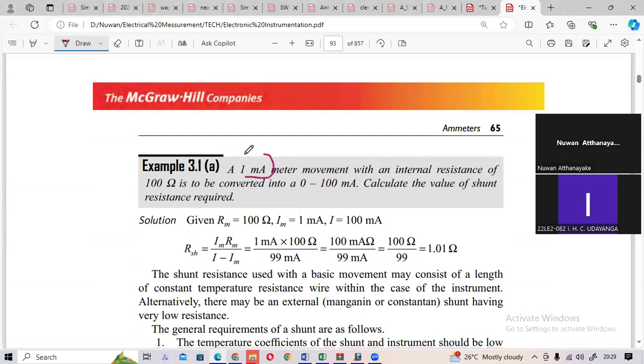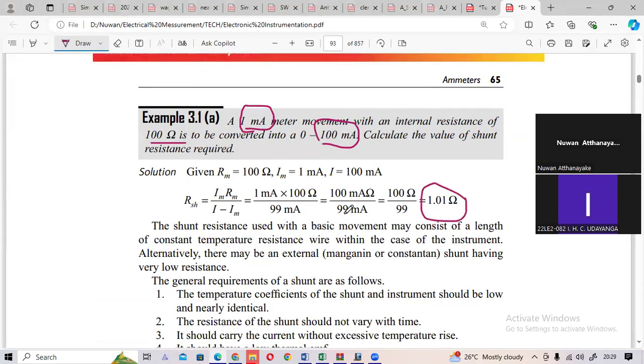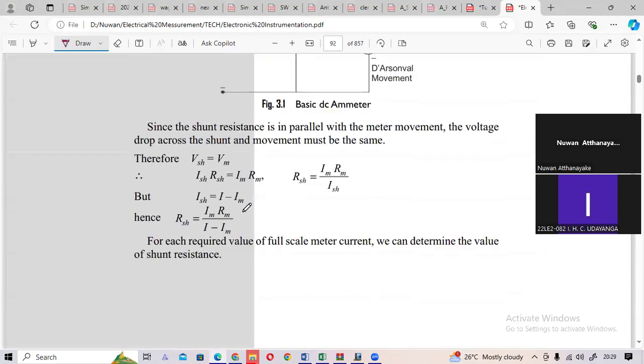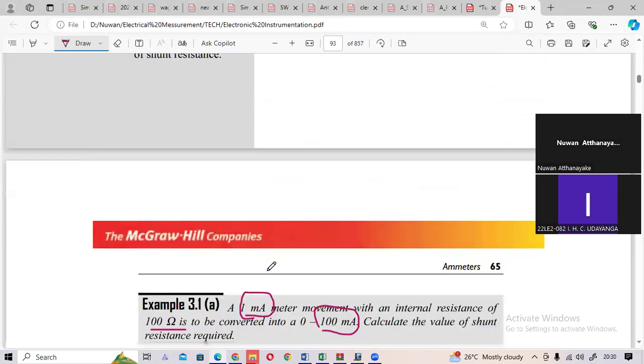Again, this is the maximum current that can be measured by this D'Arsonval setup, and the internal resistance is also given. You need to convert it to 0 to 100 milliampere. Now it is 0 to 1 milliampere, and you need to improve it to 0 to 100 milliampere. Now this is the maximum current, the shunt current. So calculate the value of the shunt resistance required. You can easily calculate it using this equation.